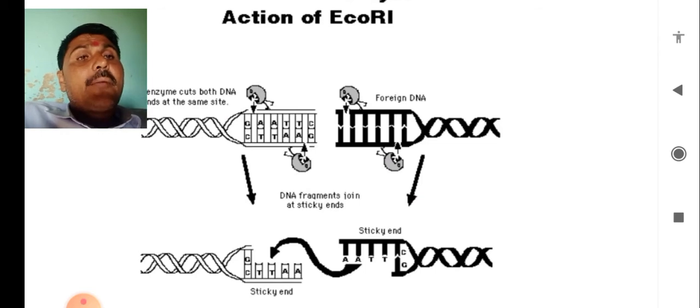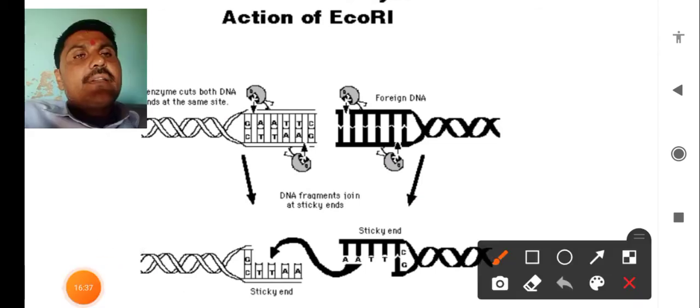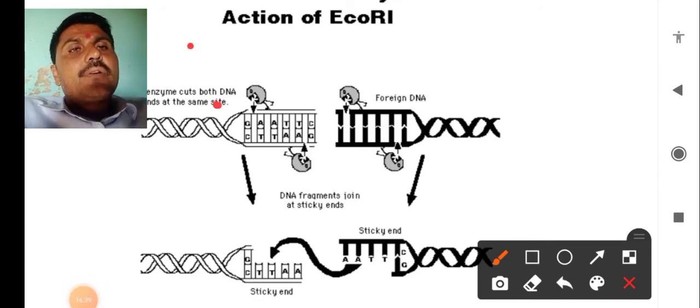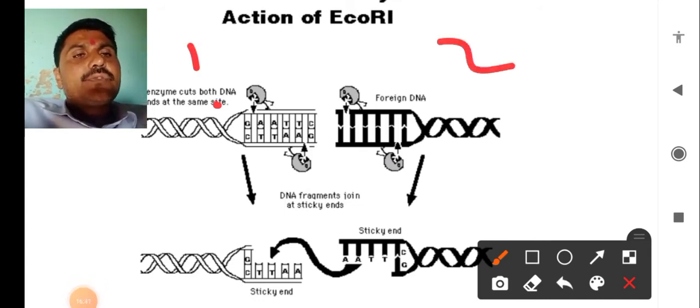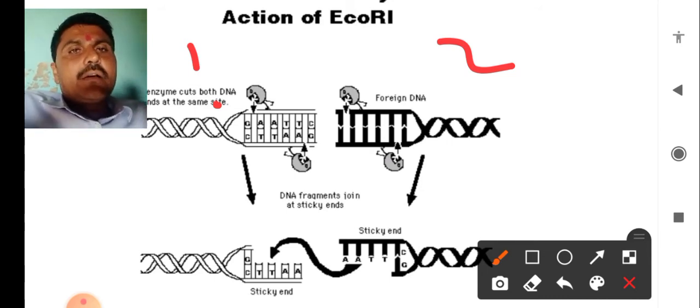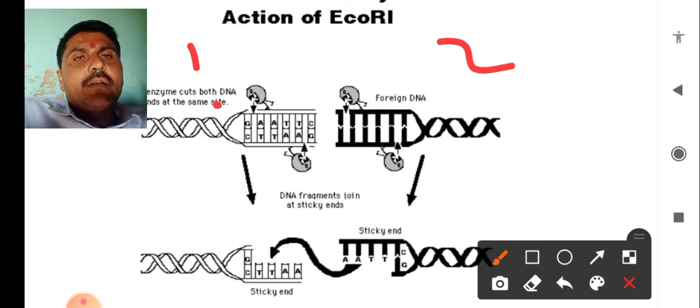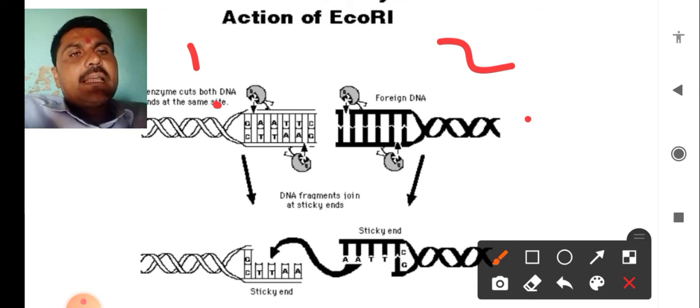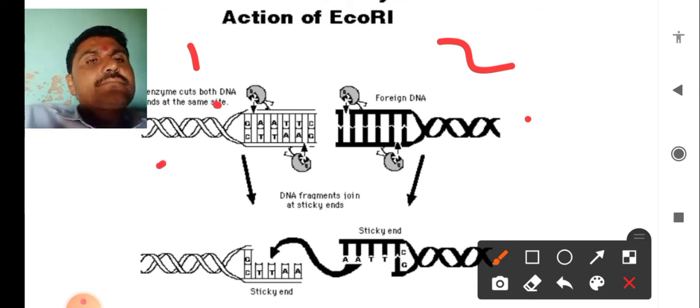So DNA fragments join at sticky ends. What we see here are the two fragments, 1 and 2. These two fragments are to be attached, combined, or assembled in the same pattern. Half of one is from the foreign DNA and half from the other.